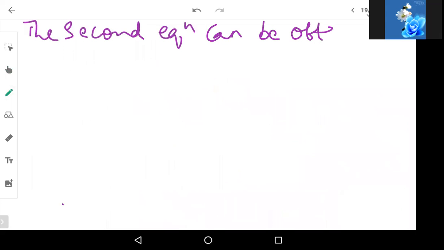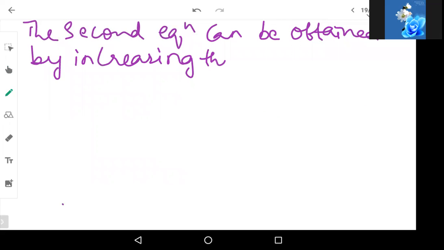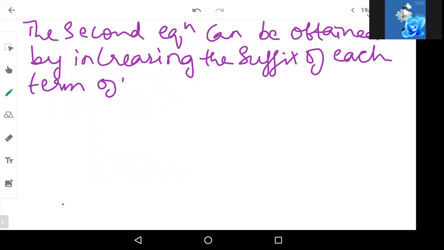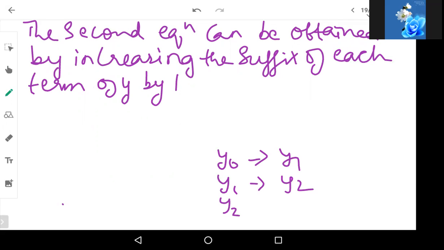So the second equation can be obtained by increasing the suffix of each term of y by 1, which means instead of y0 we'll take y1, instead of y1 we'll take y2, instead of y2 we'll take y3, instead of y3 we take y4, instead of y4 we take y5.